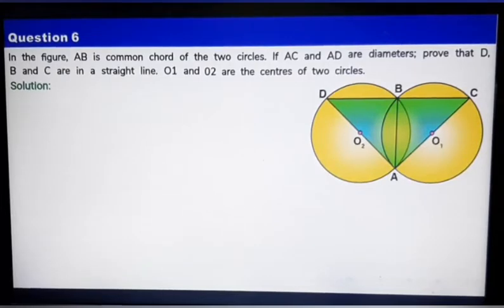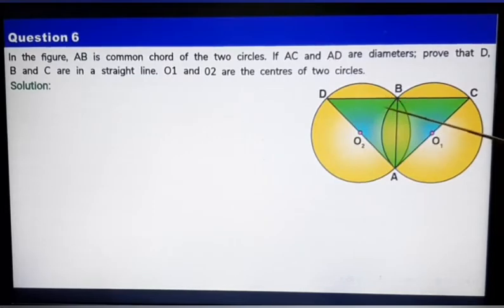Now in order to begin with this, let us see what can be done with this particular circle. Since the diameter is given, the circle can be divided into semicircles. There is a famous theorem which says the angle in a semicircle is 90 degrees. So I'll search for an angle in a semicircle.